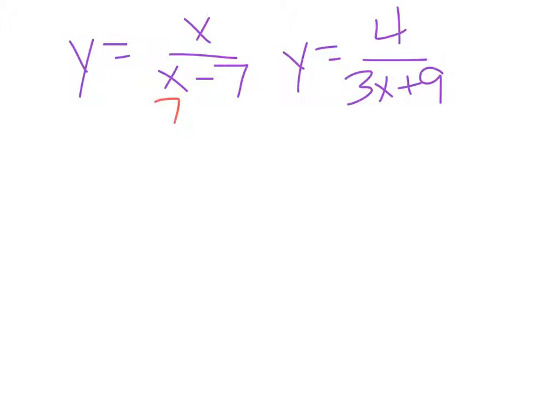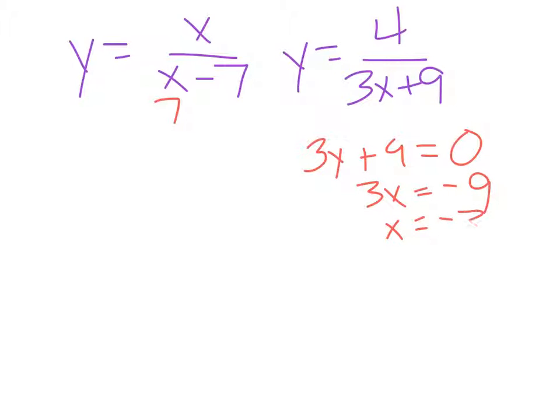Have to figure out what could x not be, and one way to do this, if you get stuck, is you could take what's on the denominator, 3x plus 9, make it equal 0, and you'd get 3x equals negative 9, x equals negative 3. If that's the way to make it 0, then that is your excluded value right there.